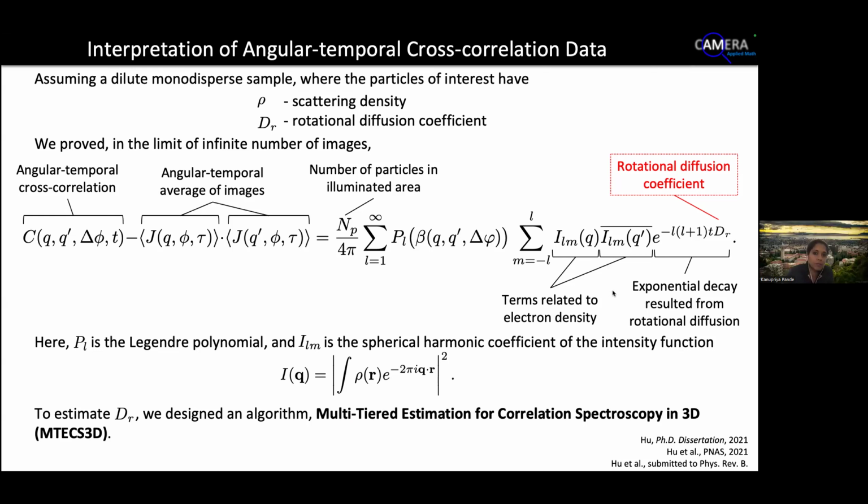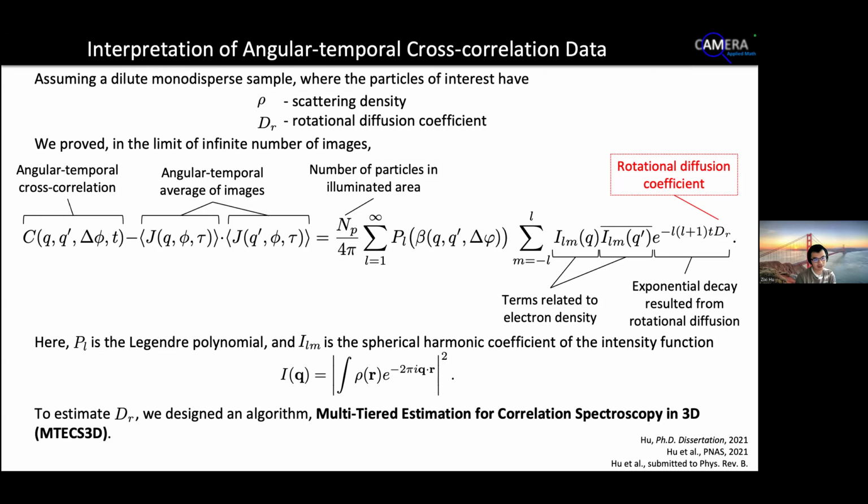Oh, I just wanted one clarification. In the current formulation, are we assuming a single species, just a single density, or can we handle more than one? Yeah, so here I assume there's one specific structure and one specific rotation diffusion coefficient. So we're trying to get that number.